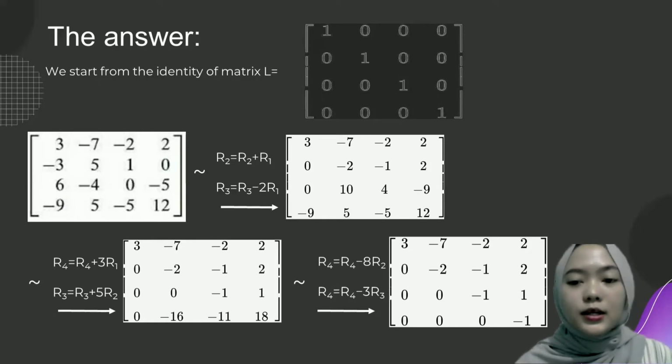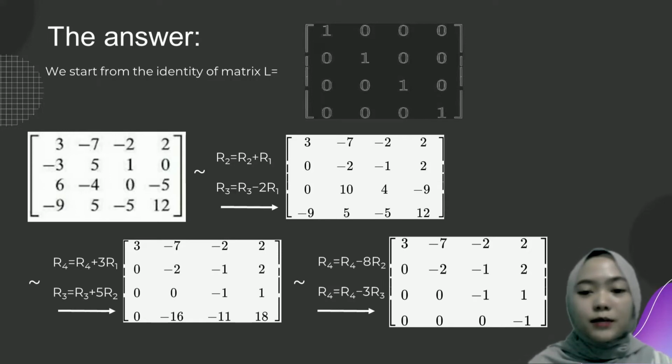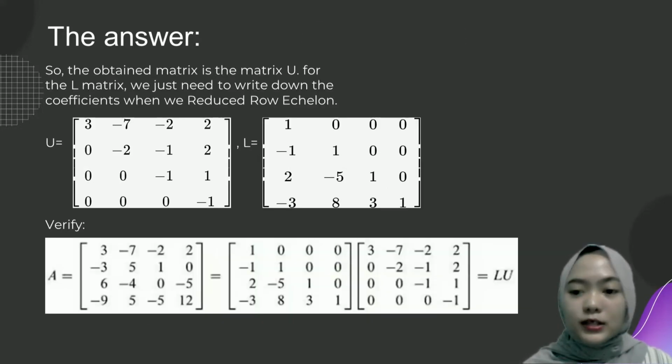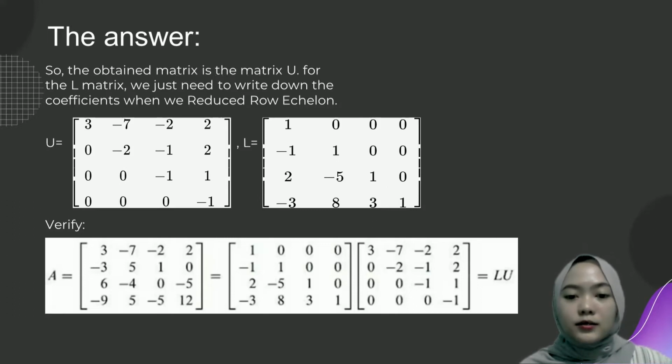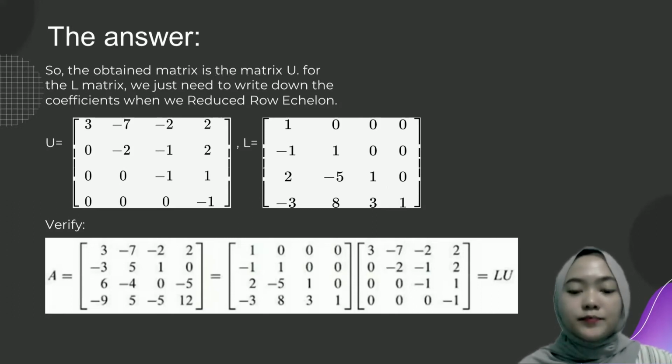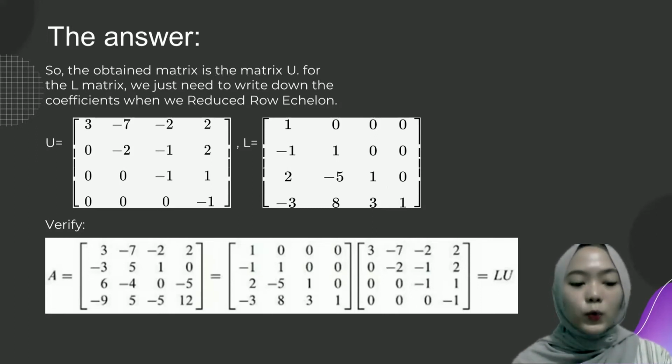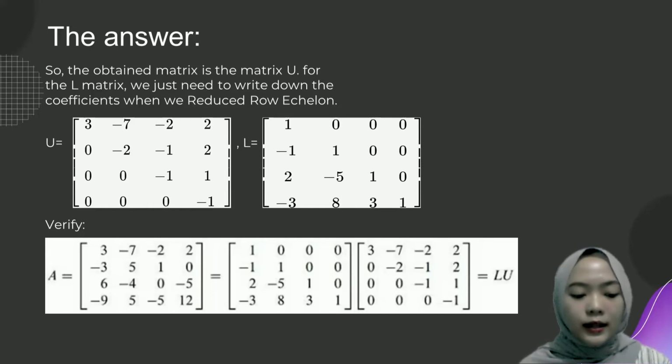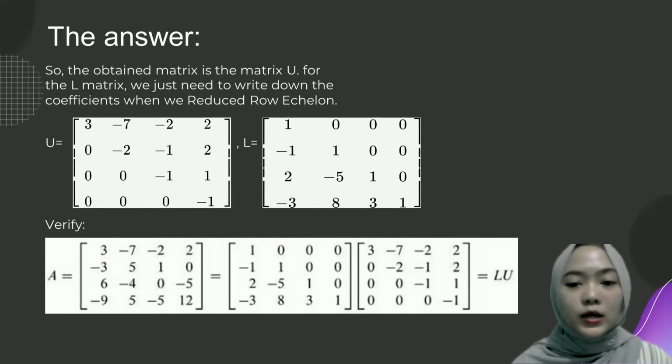We get the last result, which is the matrix U, because the matrix U is obtained from the reduced row echelon. And for the matrix L, we just need to write down the coefficients from when we reduced the rows, and we can verify to make sure that the LU is appropriate, like this.